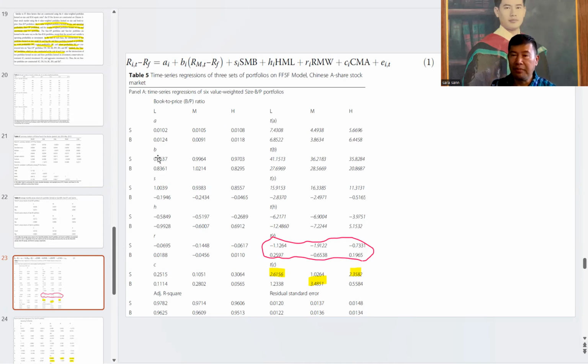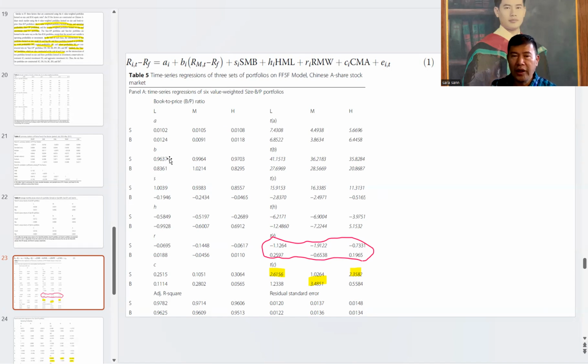Okay, what about B? B is the coefficient of the market factor. Let's see the market factor, for example, for the portfolio small size to low book to market ratio, 0.96 or 96%, 96.37%. What does it mean?